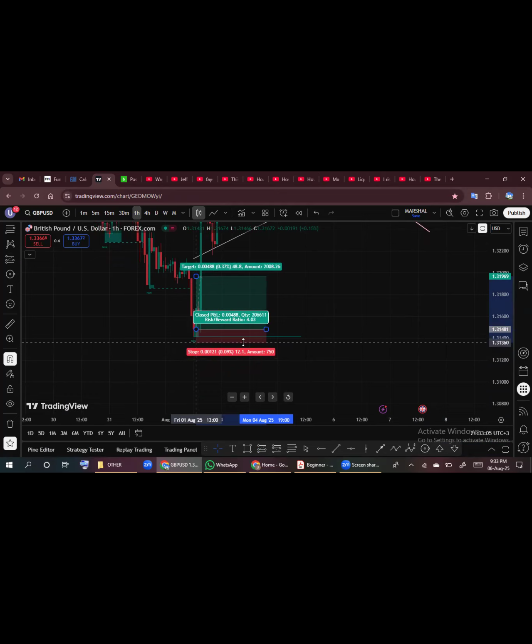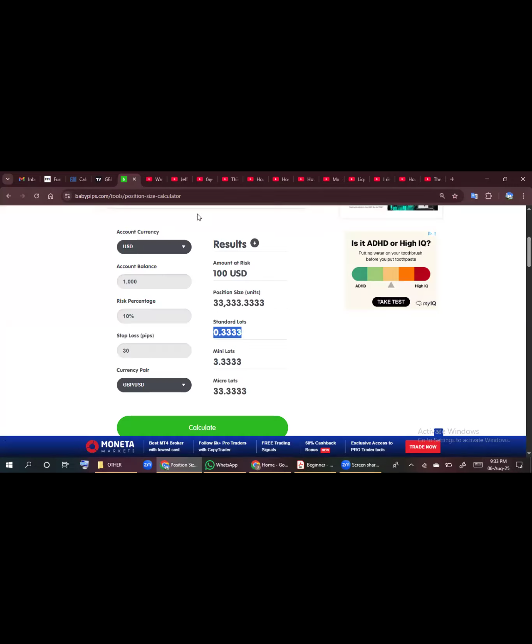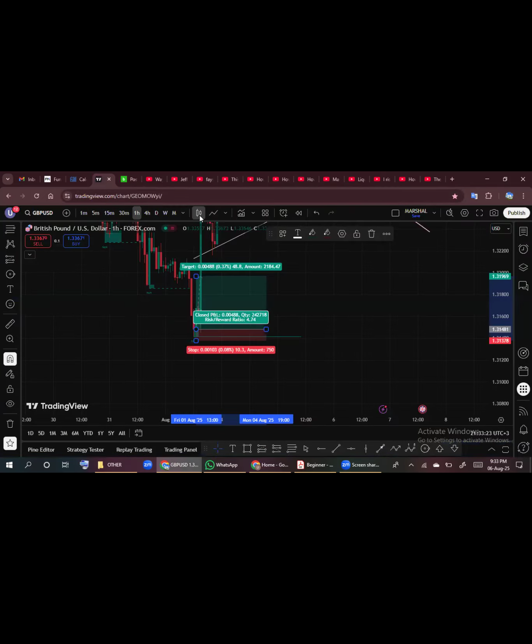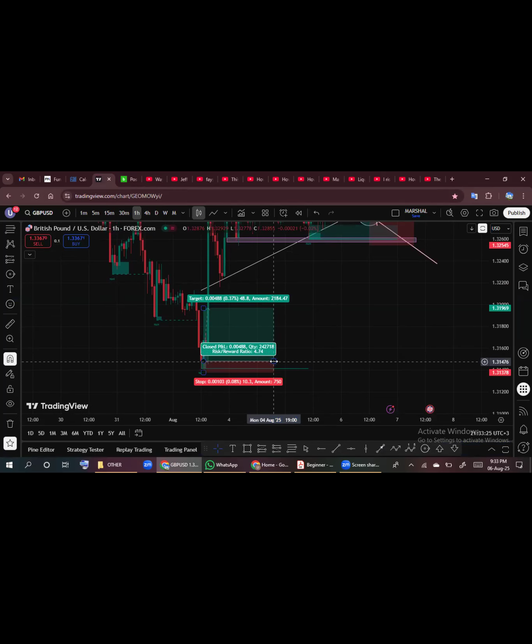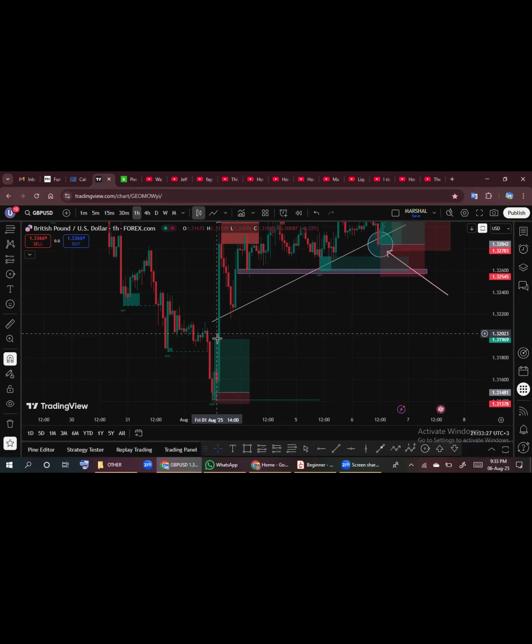So it's around here. So what you will do is use your 10 pip, and you will see that you have to use one standard lot size. Wow, that's a lot to trade on this. Use one standard lot.